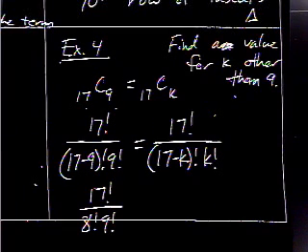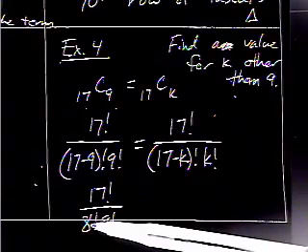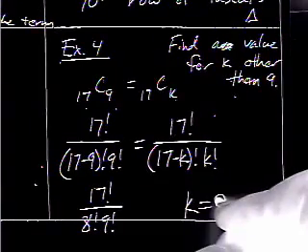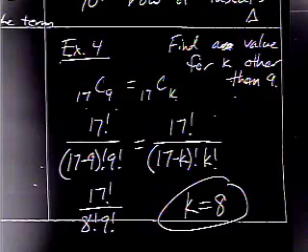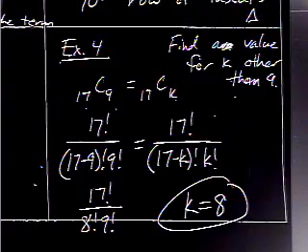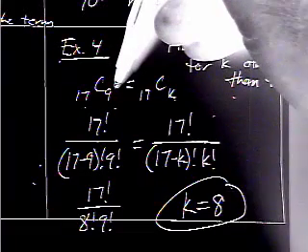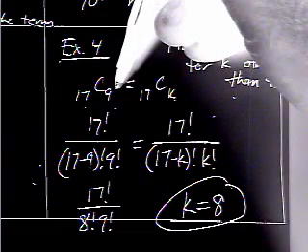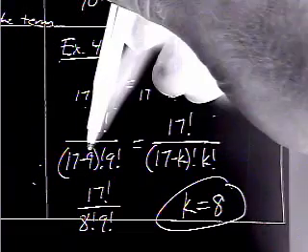So, if k is not 9, what could it possibly be? Oh, yes, 8. k would be equal to 8. Which, by the way, just happens to be the difference between 17 and 9. So on those questions, you just take the difference, and that has to be your answer. Because it's right there.